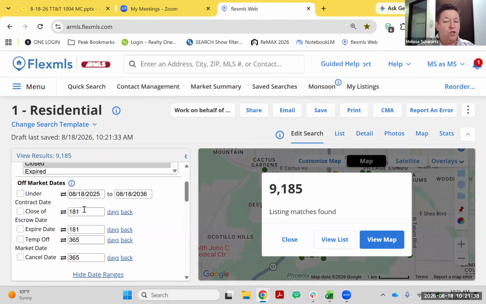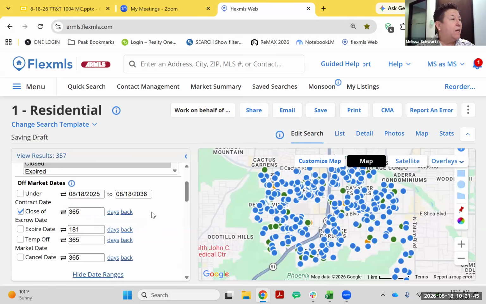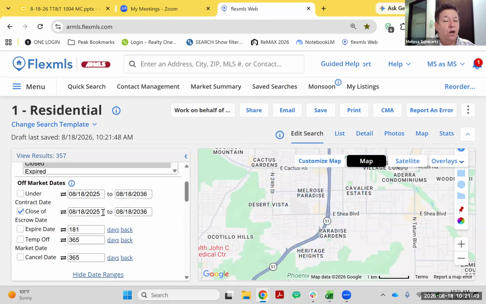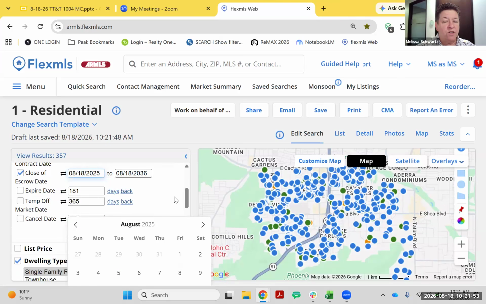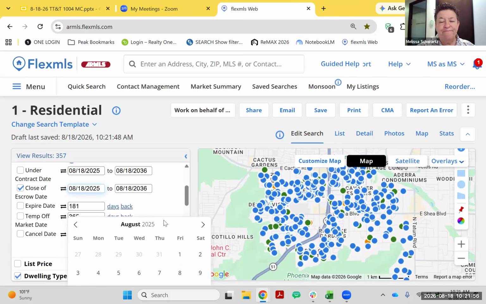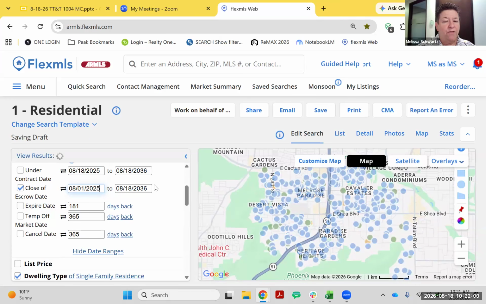So there are a couple things you can do. You do the closing date 365 days back if you want to do that. That's an easy way to get a year back. Or again, you can do August 1st of 2025.